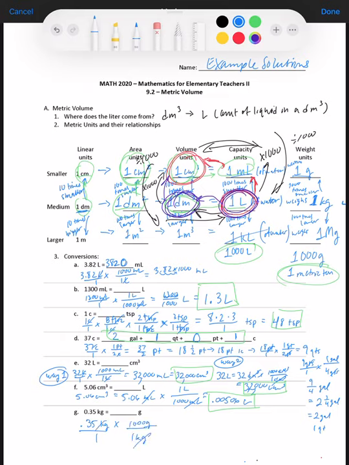When the kilograms cancel, I get 0.35 times 1,000, which I'll move the decimal over to the right 3 places, and I get 350 grams. That's that answer. Okay, so that's it for this video.